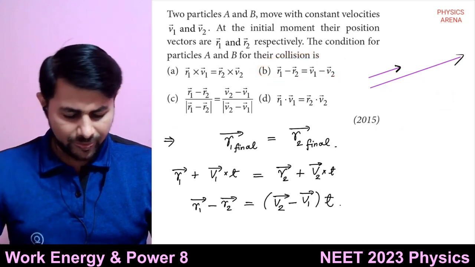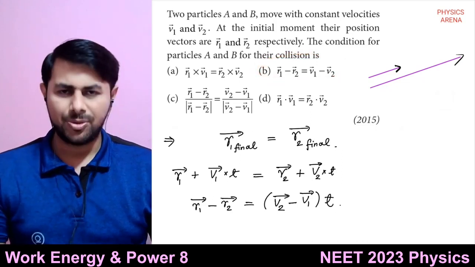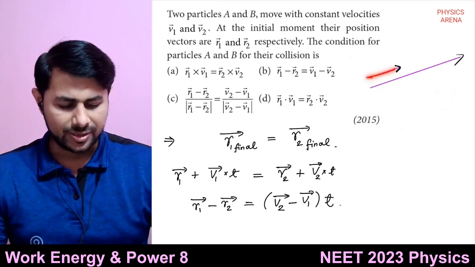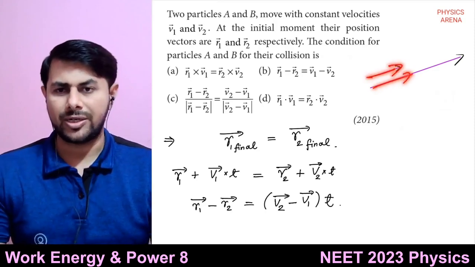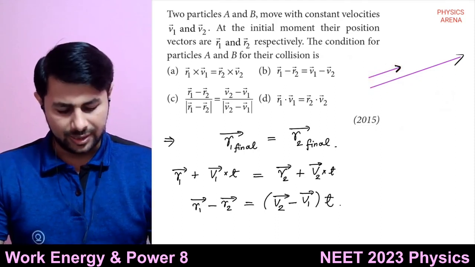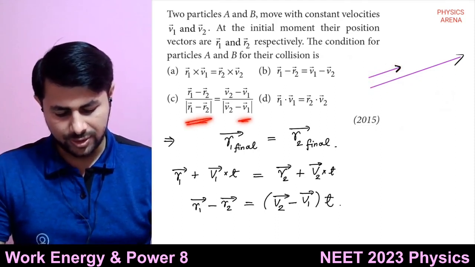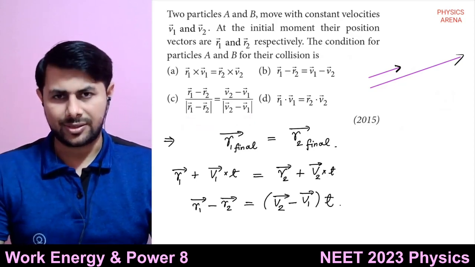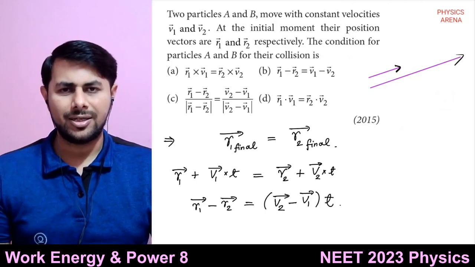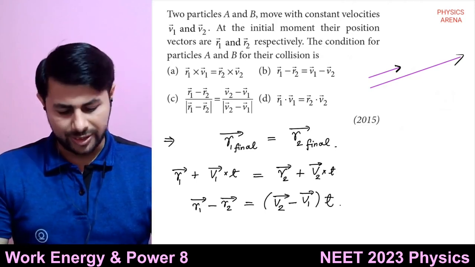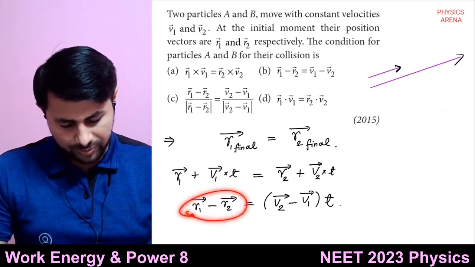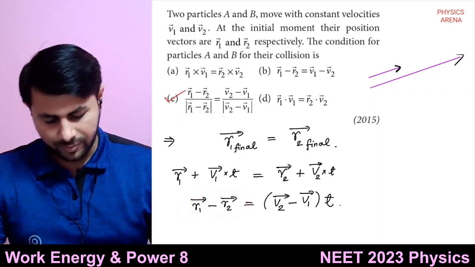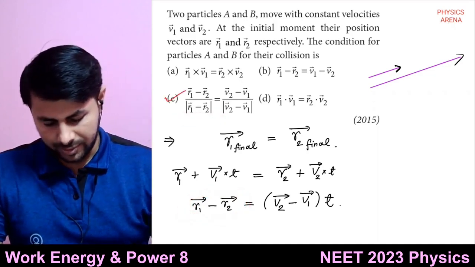But which of these options is always correct? So if two vectors are parallel, then the unit vector of this will be equal to the unit vector of this, right? And how do you find unit vectors? So see this, a vector divided by its magnitude will give you a unit vector, right? So this vector divided by its magnitude, you can see this option C. Okay, this is the answer, right?